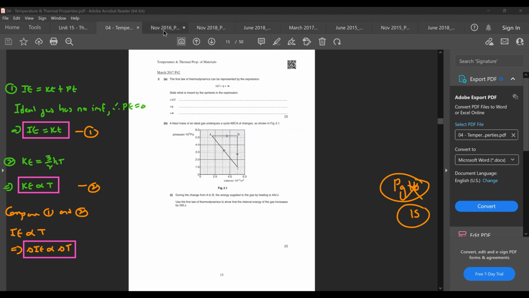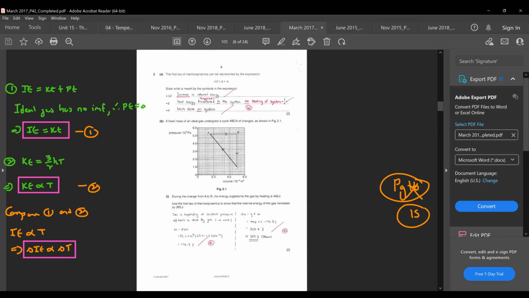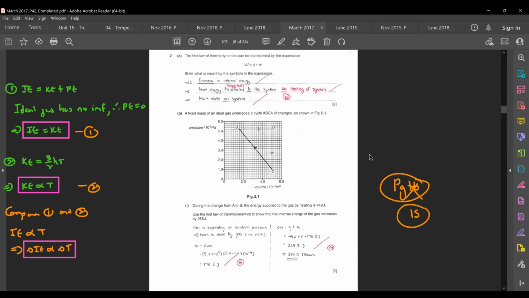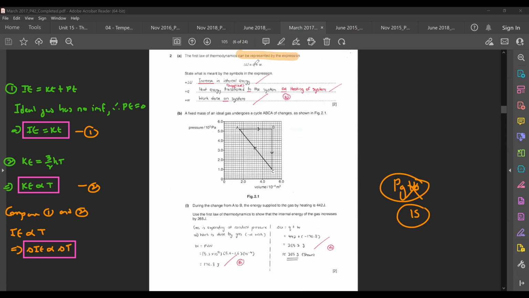So you look at page 15, this is March 2017 P42. So this question mentions that the first law of thermodynamics can be represented by this expression, delta U is equals to Q plus W. State what is meant by the symbols in the expression.